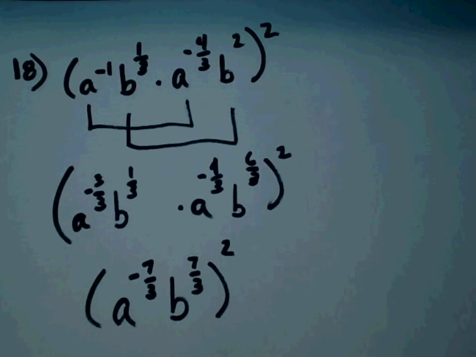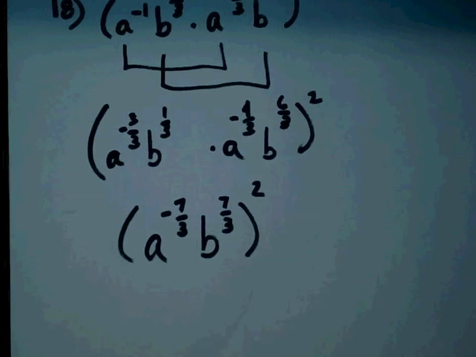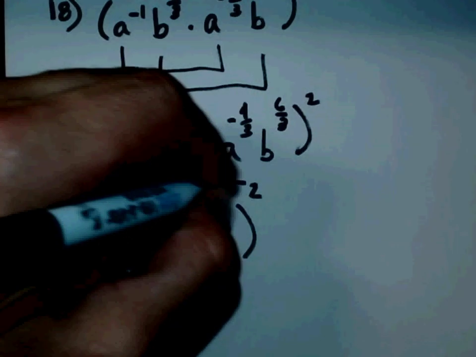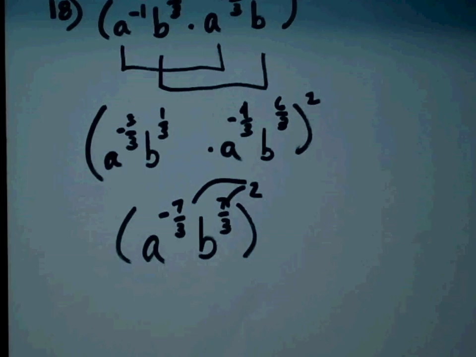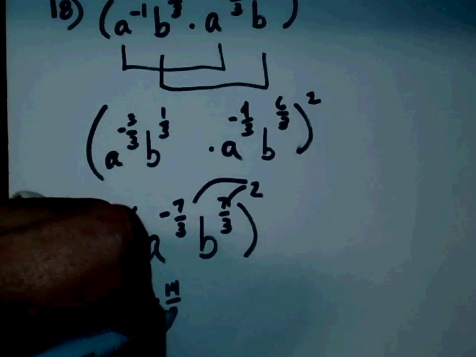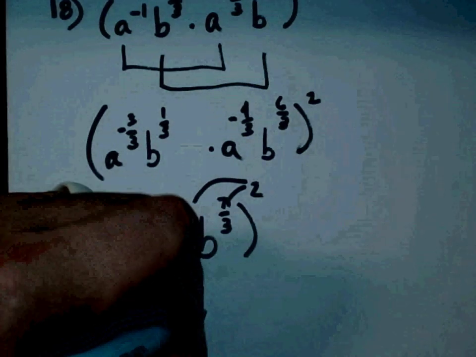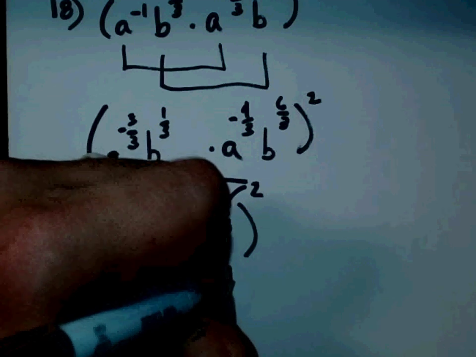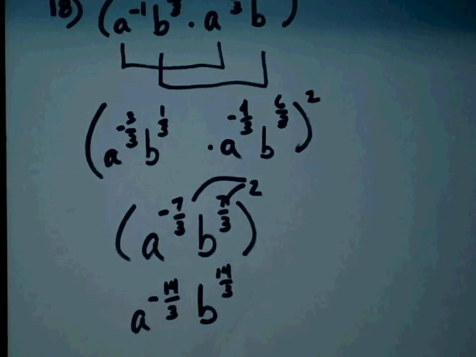All right. And so now, what do I do with that power of 2? What's the power rule say I do to the exponents? I distribute them and I multiply them. So that's going to become a to the negative 14 over 3 and b to the 14 over 3.